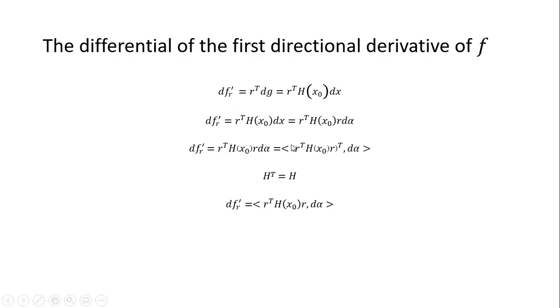This expression here is a scalar. And also, we know that H is a symmetric matrix, so H transpose equals H. Then we get that the differential of the first directional derivative of f equals the product of r transpose Hx0 r and the differential of alpha.